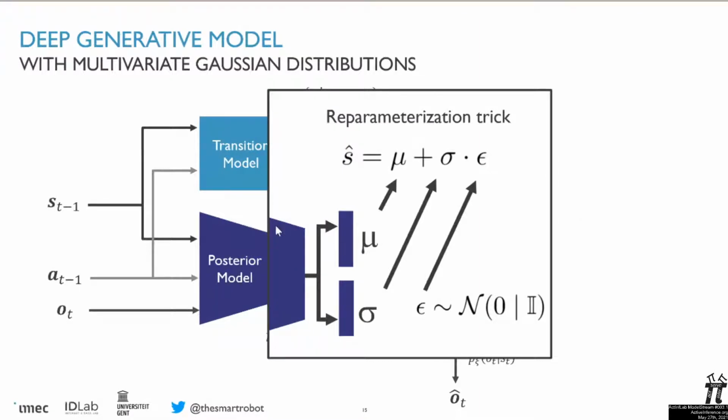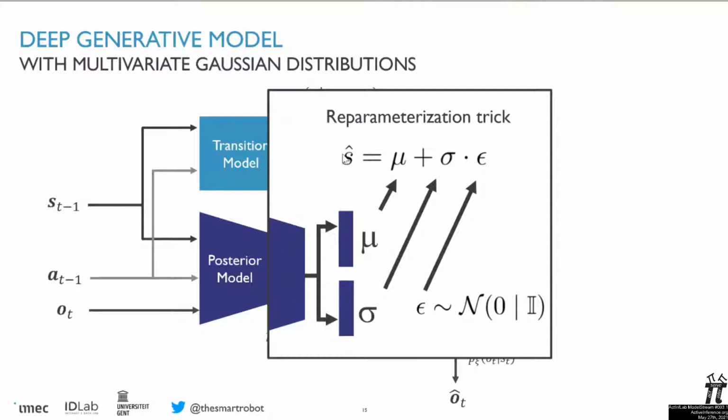And so, as I already mentioned, the output of each of our neural nets is basically some mean and standard deviation of a multivariate Gaussian with a diagonal covariance matrix. And we use the reparameterization trick to generate samples.